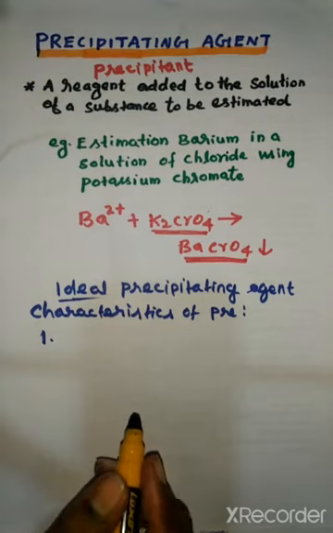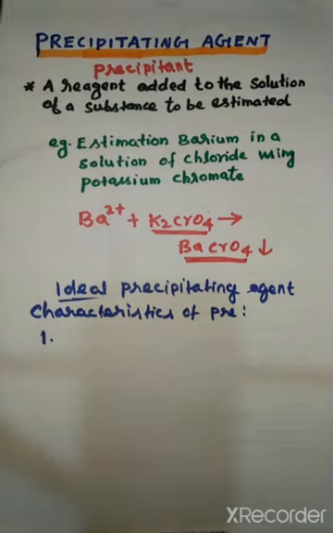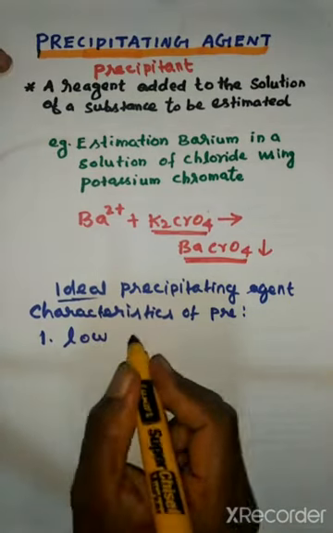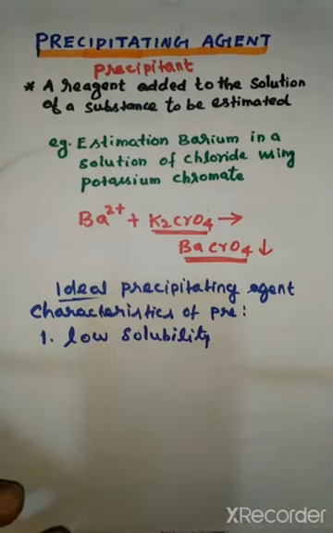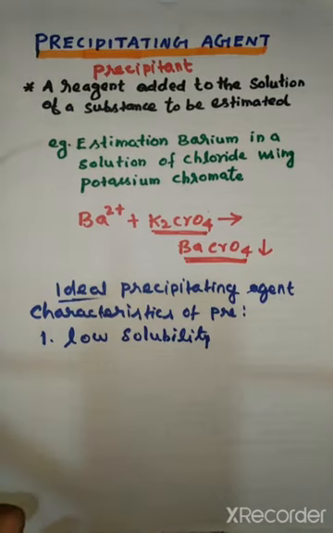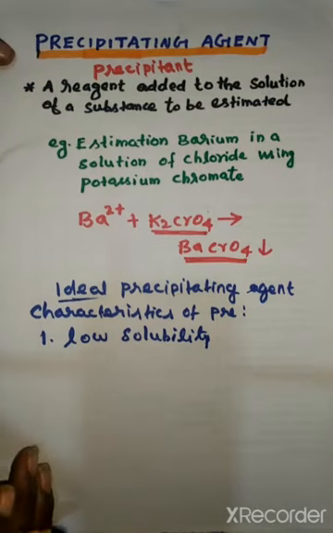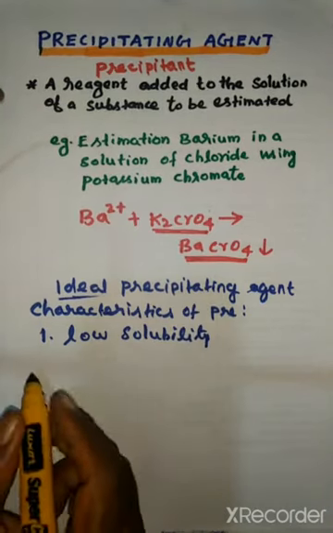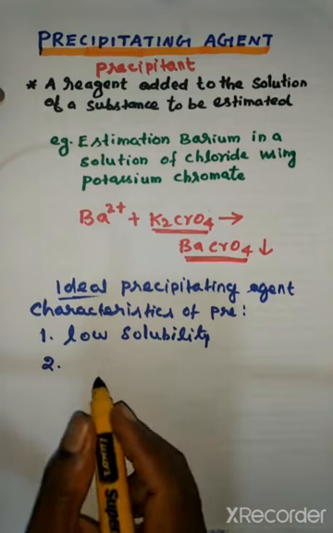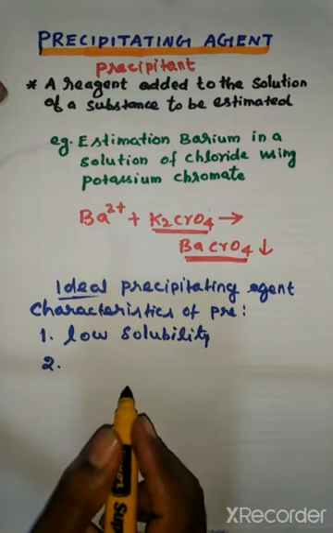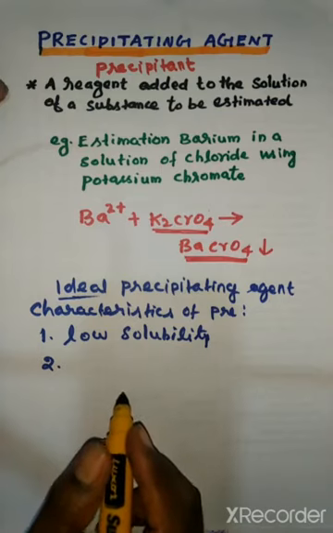The precipitate formed in gravimetric analysis should not dissolve at any cost, so that there will be no loss of precipitate due to its solubility. Second, the formed precipitate should be readily filtered and washed free of contamination.